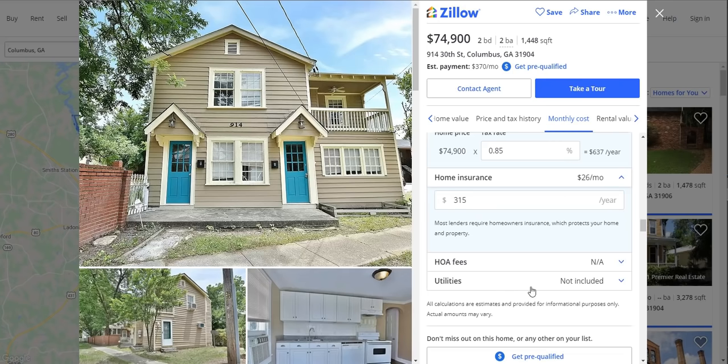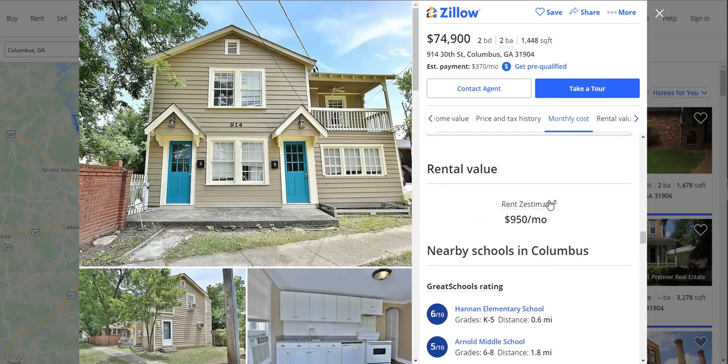Something else that could be of value in this Zillow search box is "utilities not included in the cost." When you're looking at a possible rental property, that usually means that the tenants pay the utilities.